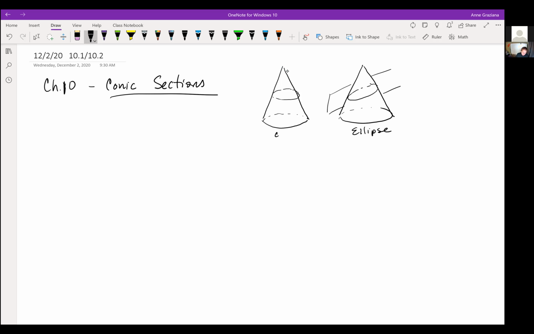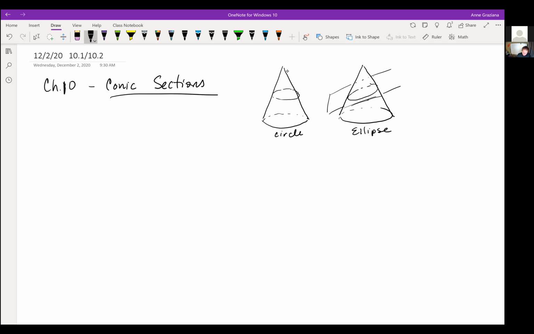Okay. So if you go straight across, you get a circle. And if you slant it, you get something called an ellipse, which is just like an oval. So that's kind of where this stuff is coming from. And then there are other shapes that you can get depending on how you cut it. We're going to just focus on these two. And I just did that so you have a visual of where this is kind of coming from, but we're not really going to talk about that too much more.